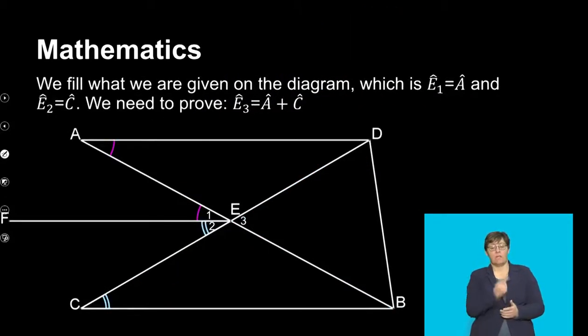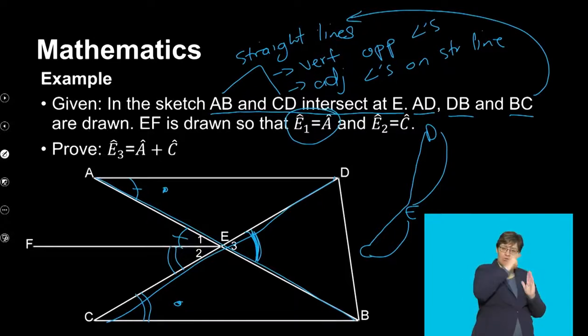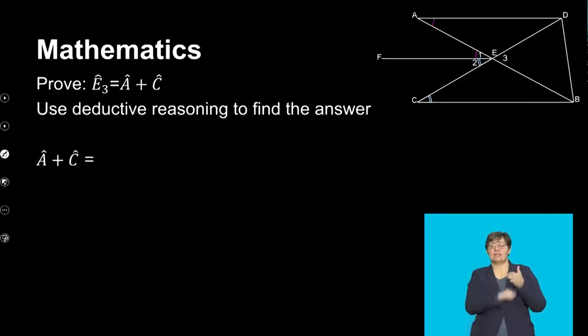Whenever we have this kind of a problem, we start by filling in the diagram, filling in the information that you are given. So you can see I filled it in the previous question here where I was reading the statement. That's exactly what you need to do in your question paper or in your textbook if you are trying to do some homework. And then to apply all of this will be the deductive reasoning that we are going to make.